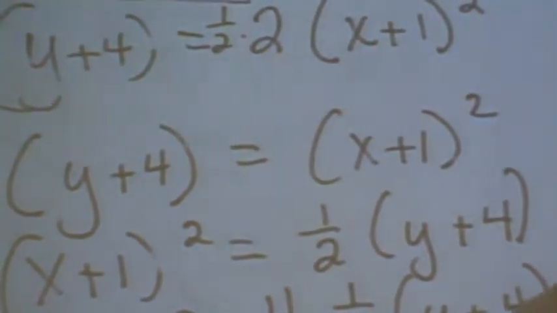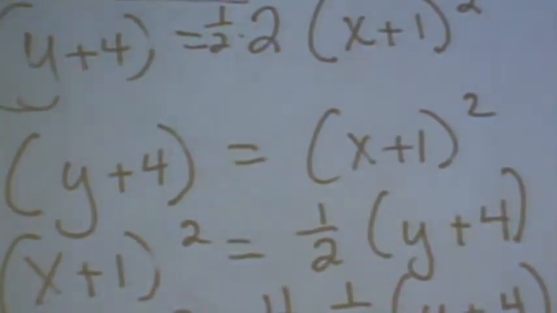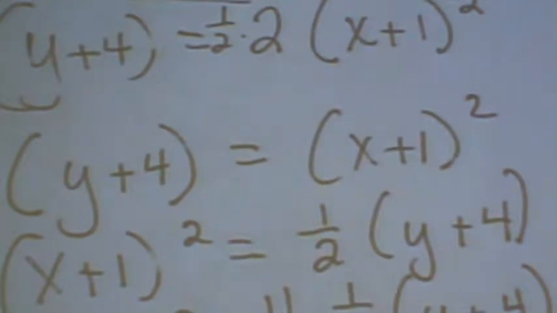And I'm gonna go 1/8, this is over 1, down 4. There's my vertex. So I'm gonna go 1/8 inside of this parabola and 1/8 away from the parabola to do my directrix.